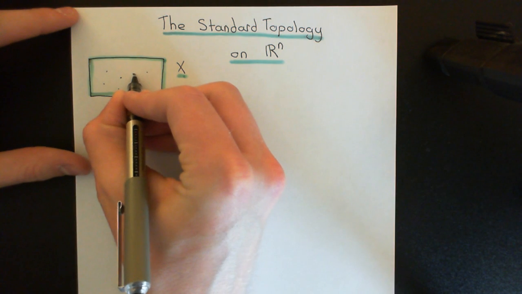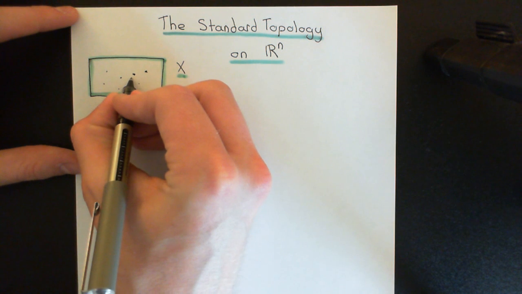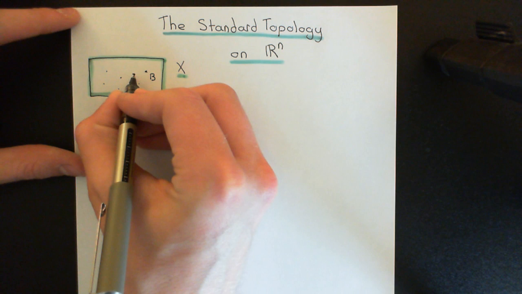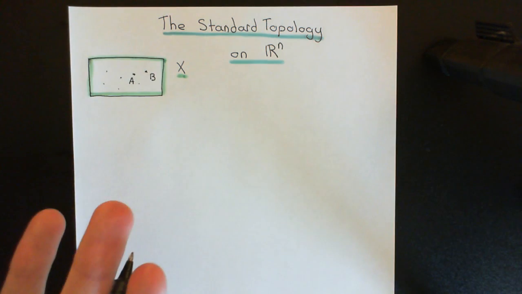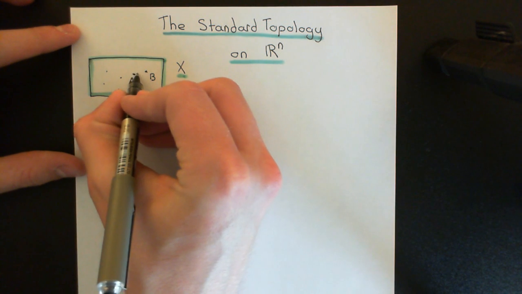The way I would urge you to intuitively think about what you're trying to do with a topology is this: if we've got two elements of the set here, A and B, and we want to show that those two are next to each other, we might like to draw a line in between them, like so.